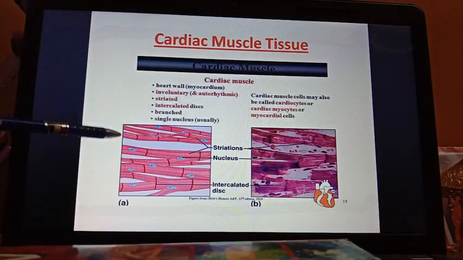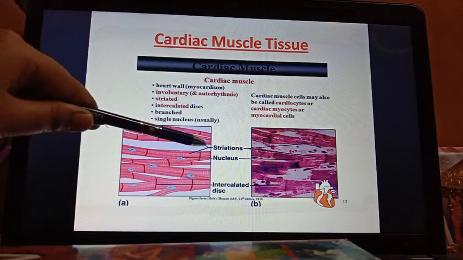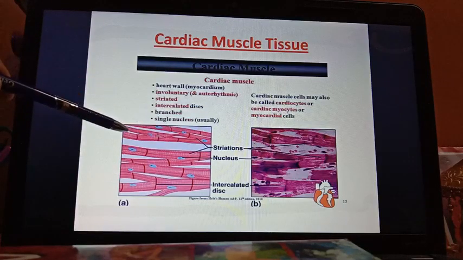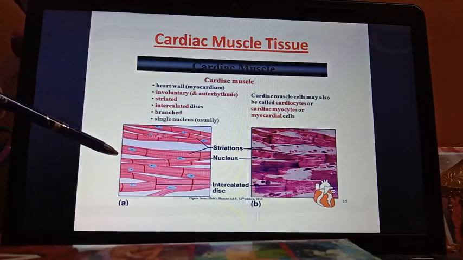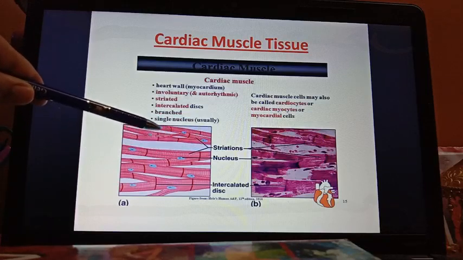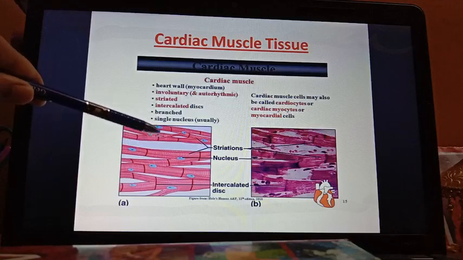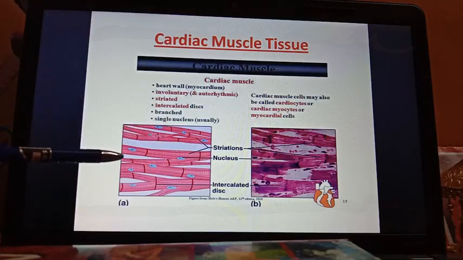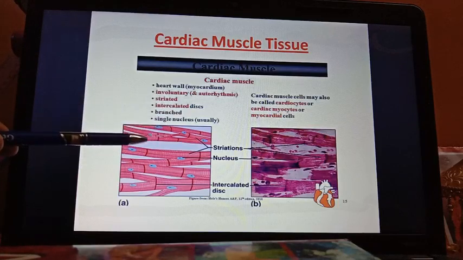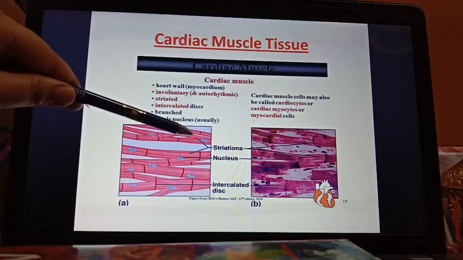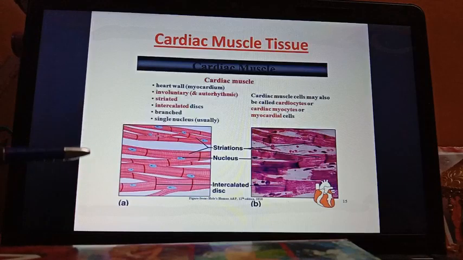In the diagram you can see that the muscle fibers have branches. Striated, light and dark bands are present in a transverse way. Involuntary, it can't be moved by our conscious will, and they are also non-tapering, meaning not narrowing at their ends.